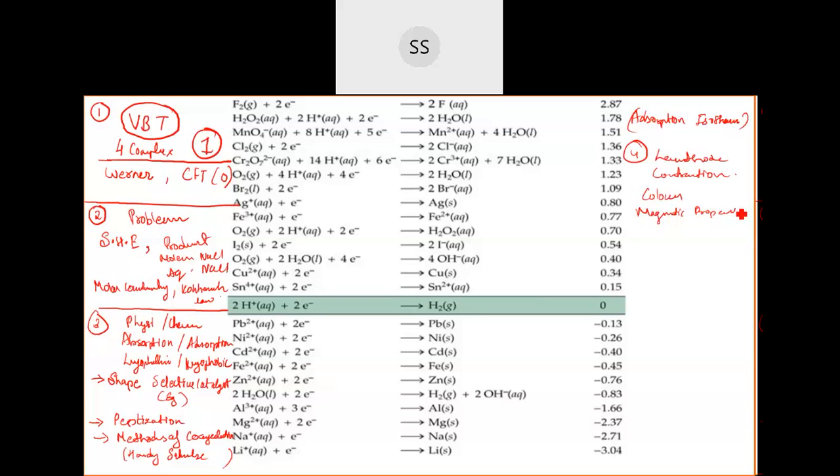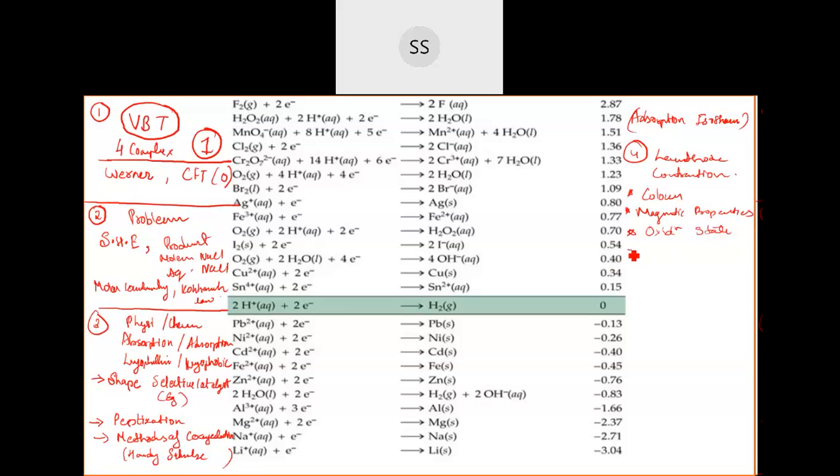If two ions are given to you, they can ask which is paramagnetic in nature and which is diamagnetic in nature, and which can exhibit color among the complexes. Color, magnetic property, and then oxidation state: which element has the highest oxidation state, and why D block and F block are able to show different oxidation states.